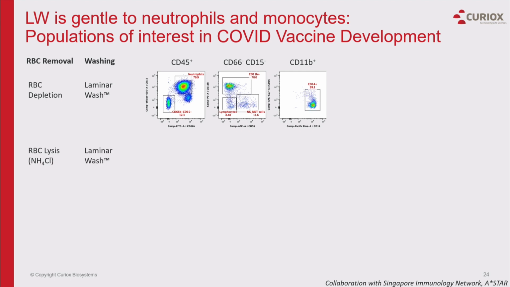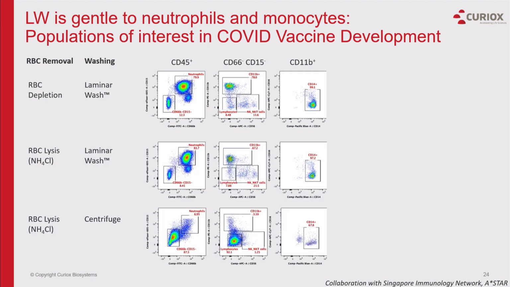So as I had stated in the previous slide, this particular experiment was done in a very similar fashion where we took 100 microliters of blood and we compared the magnetic depletion to the ammonium chloride lyse, and we compared traditional centrifugation with the laminar wash. And then we stained and focused in on our neutrophil and our monocyte population.